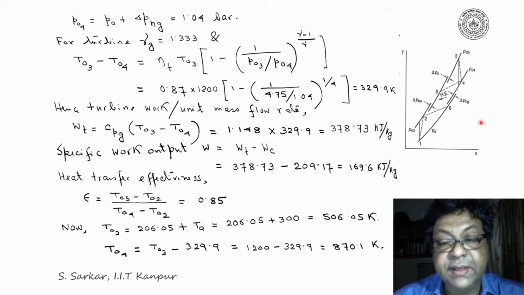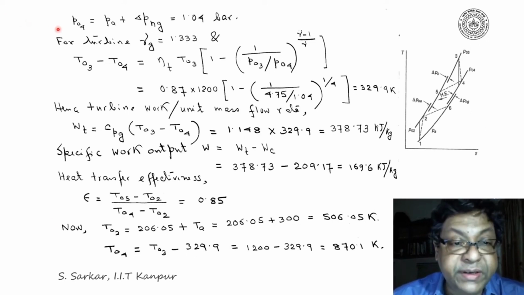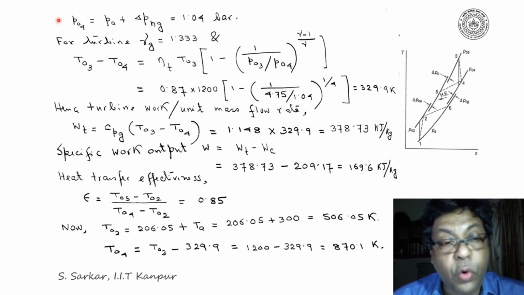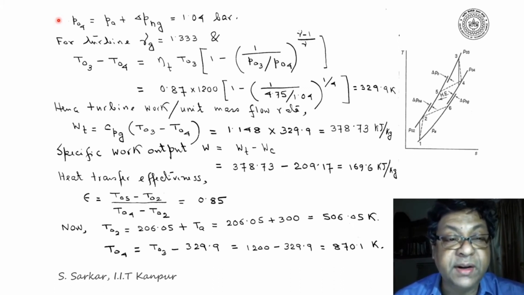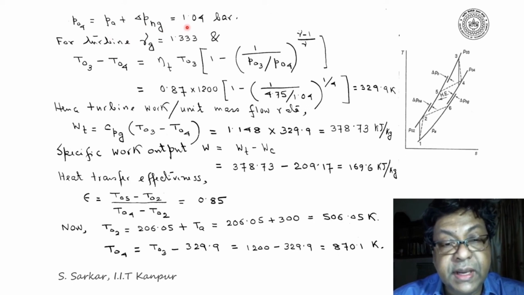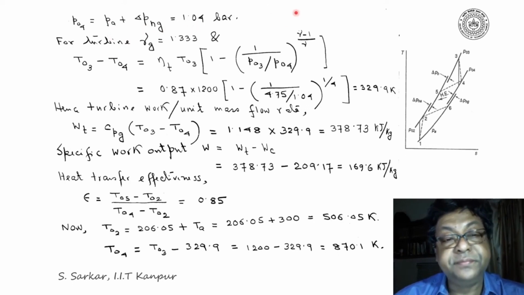Del PHG is the pressure loss in the heat exchanger gas side. Thus I have written here P04, which is the pressure at the exit of turbine, is equal to PA plus del PHG. PA is equal to 1 bar, and this is equal to 1.04 bar.